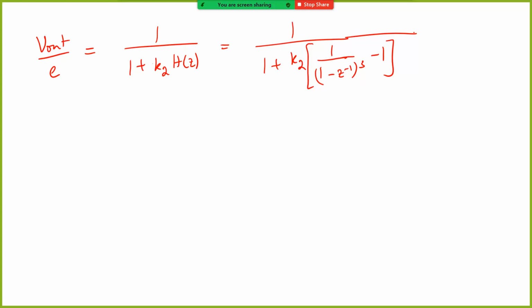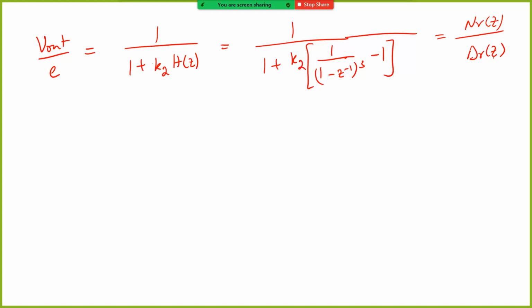What is a root locus plot? What do you do in a root locus plot? We plot the roots of the characteristic equation. You can write this as some numerator of Z divided by some denominator of Z. And what will you vary when you are doing a root locus plot? Gain.